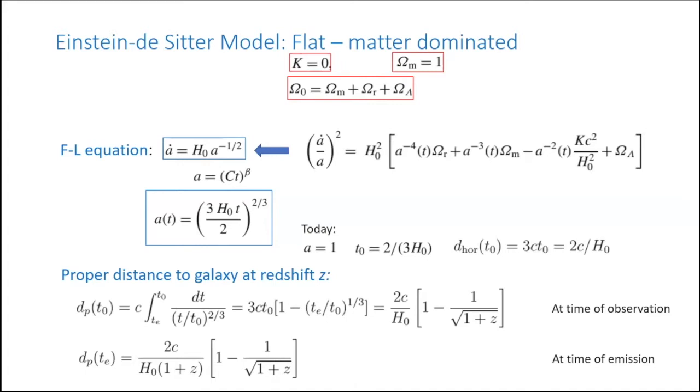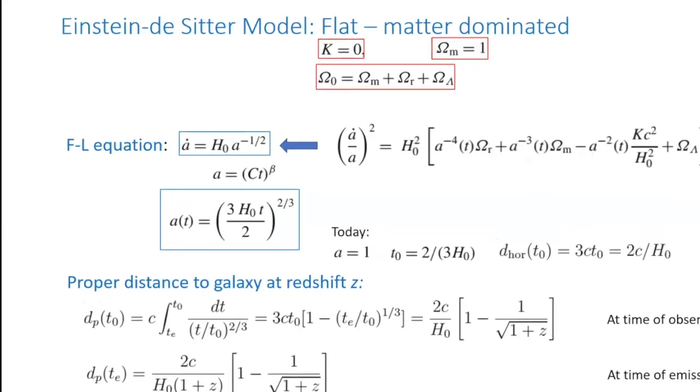But you could also calculate the distance between that galaxy and us when the photon just left that galaxy, so at the time of emission. You could see it could be a very, very different value, depending on various things, among others the H naught. Depending on H naught, you could have a rather different proper distance between a galaxy and us at a particular z, depending on the time of observation or the time of emission.